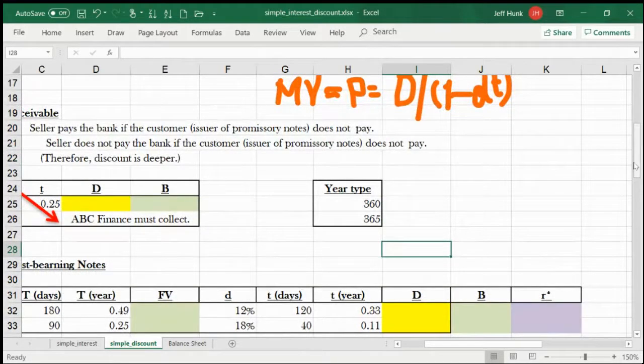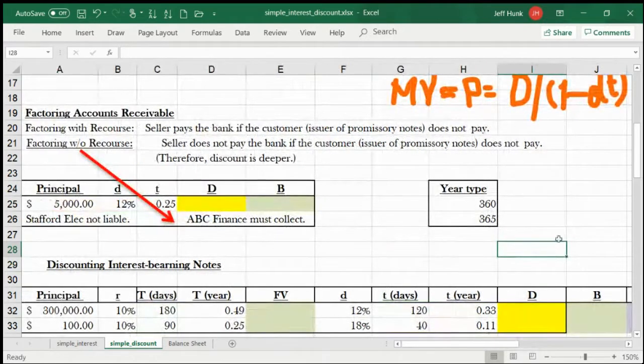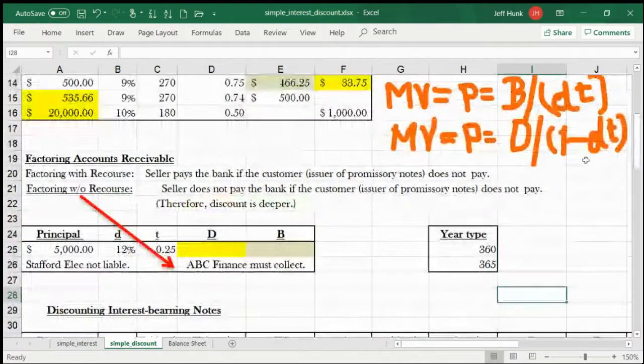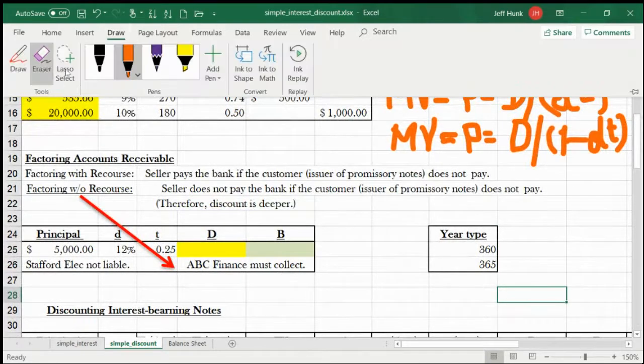I mean, a bank could be a party that could buy the promissory notes, but more frequently, it is a financial company called factors, right? Factors, financial companies called factors.